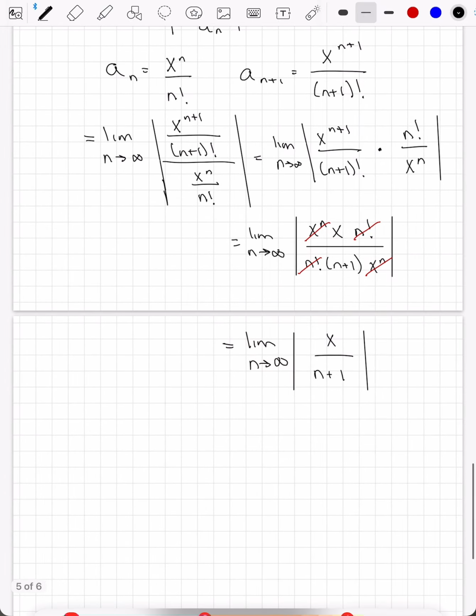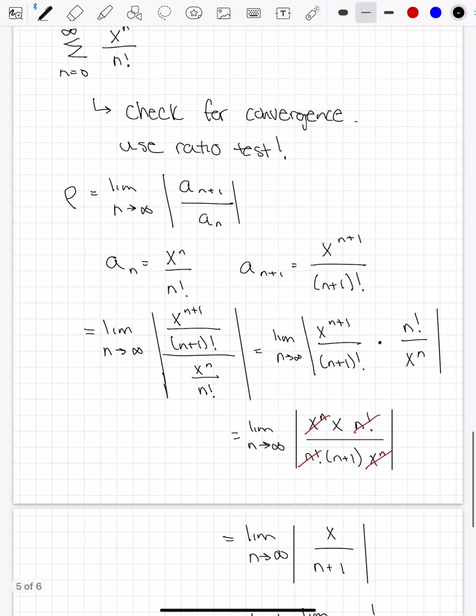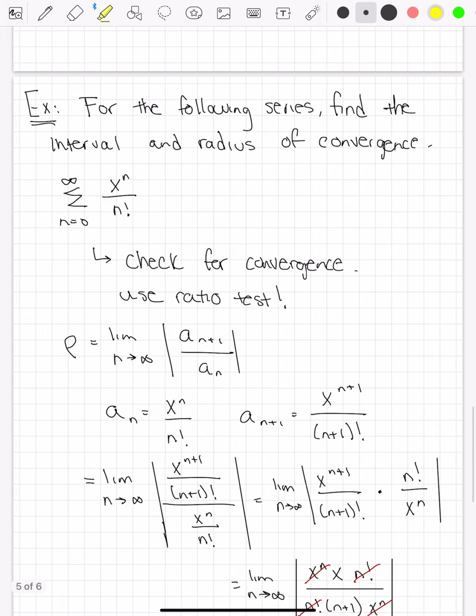And here, remember, limits have linearity, so we can pull constants out. We can pull out the absolute value of x because we know that's going to stay positive, and we know this 1 over n plus 1 is positive by default, because n, remember, we established is going from 0 to infinity, so it's always positive.